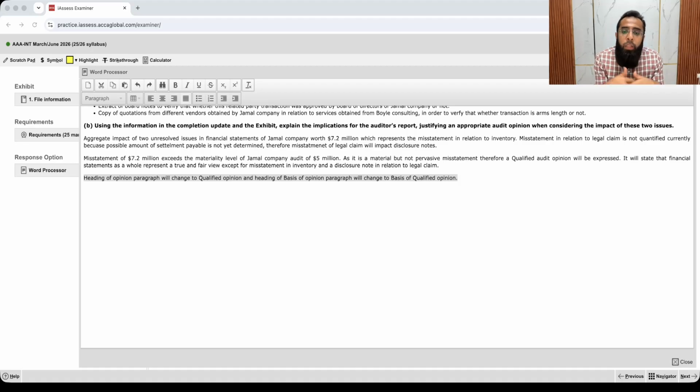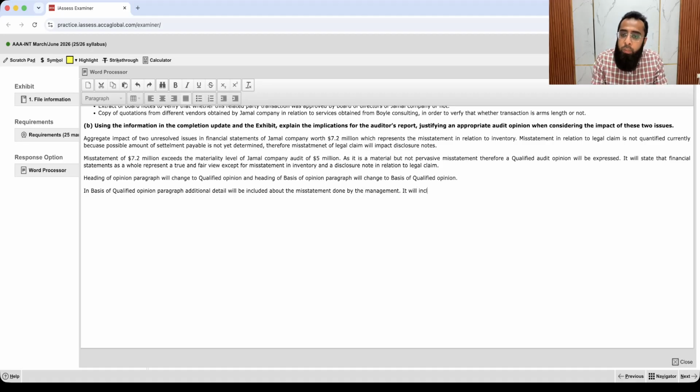Okay. Now, in basis of qualified opinion paragraph, you will explain what this misstatement accounts for. Additional detail will be included about the misstatement done by the management.